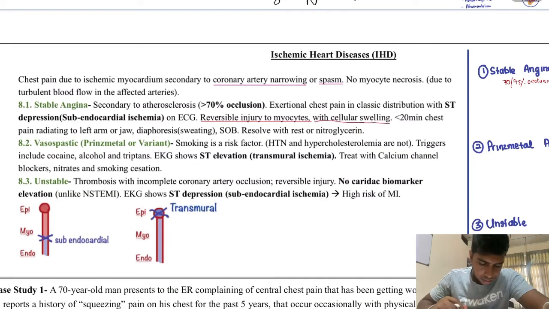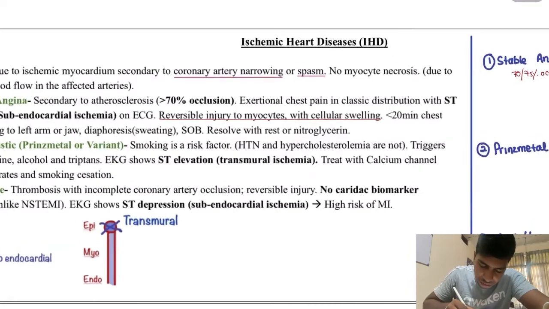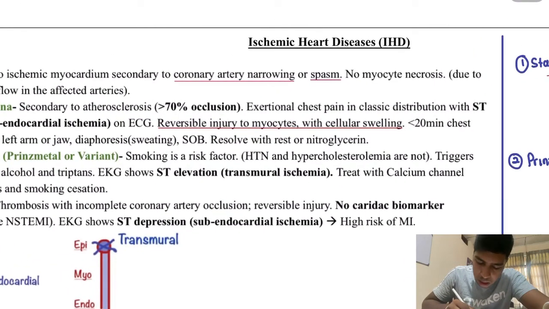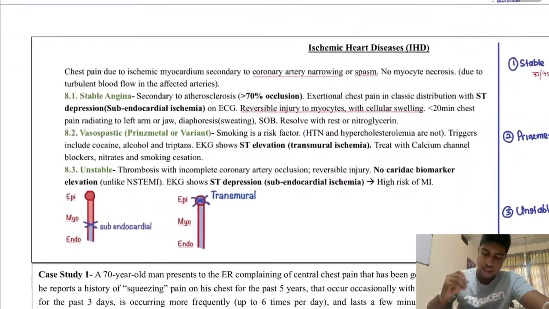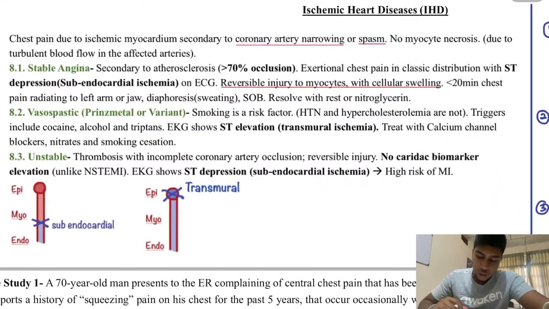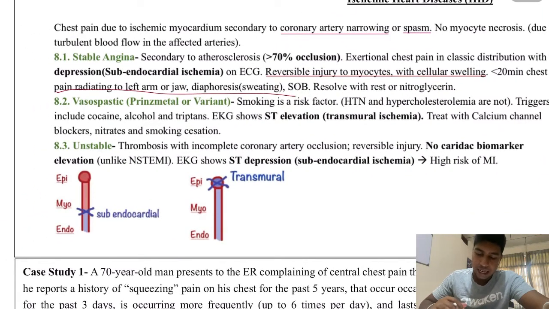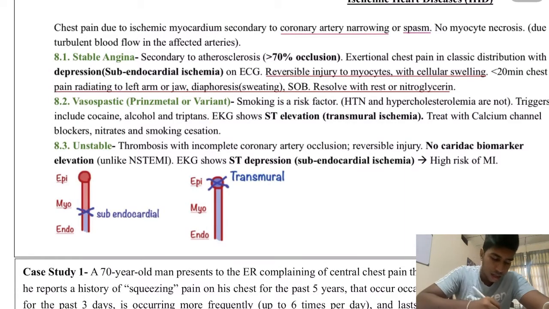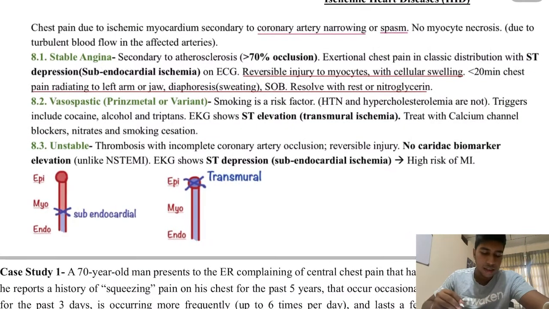This is due to reversible injury of myocytes, and as you remember, the hallmark of reversible injury is cellular swelling. Usually, if the pain does not persist longer than 20 minutes, then we can consider this to be stable angina.